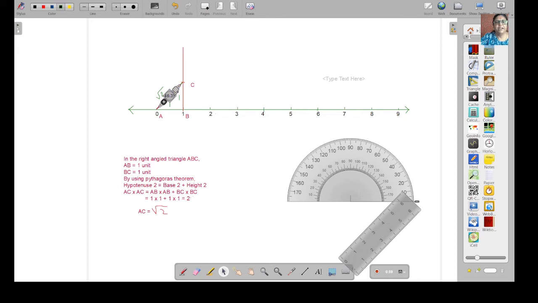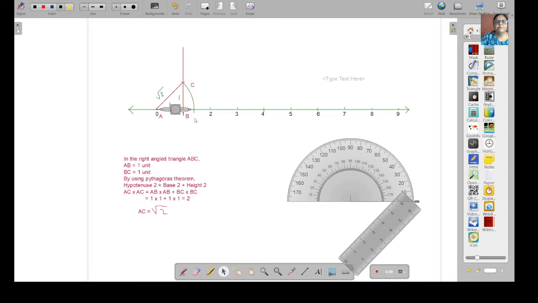Draw an arc. Okay, so now this length is root 2. This is equal to root 2 units.